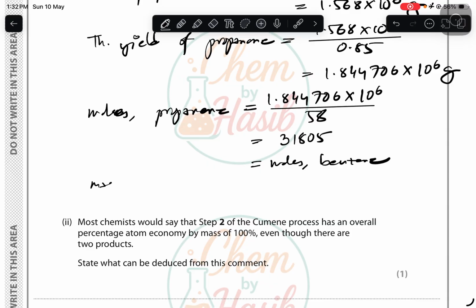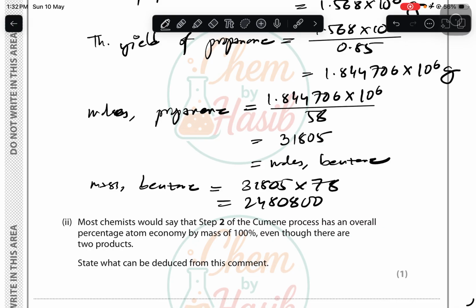Mass of benzene will be equal to 31805 multiplied by the molar mass. The molar mass of benzene is 78. If you multiply 31805 by 78, it gives you 2480800 grams.